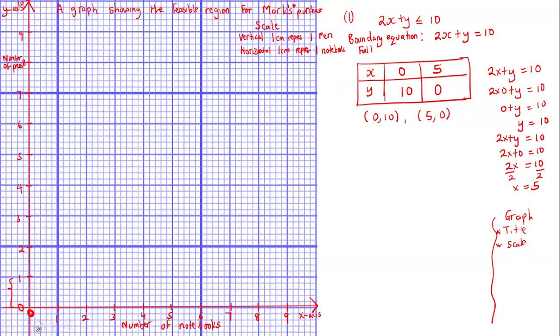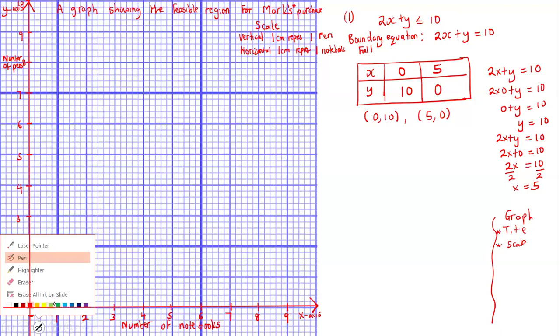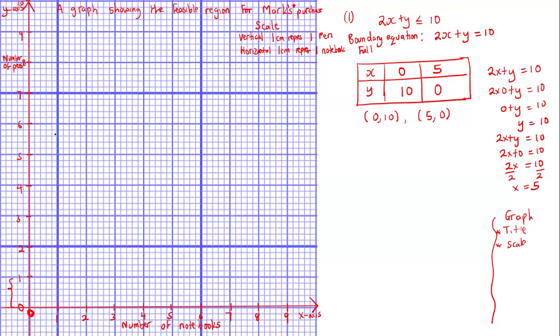Now, after labeling like that, we are going to go on and do the plotting. What am I going to first plot? 0 and 10. Like I've told you, my graph is a bit small, so forgive me about that, but for you, I expect you to have 1 and 10 clearly labeled. On my graph, 0 and 10 is going to be up here.